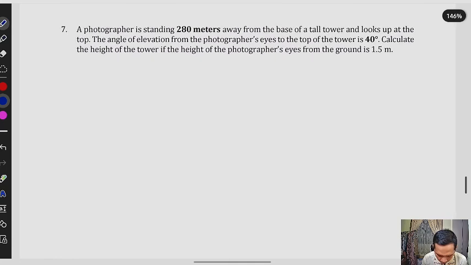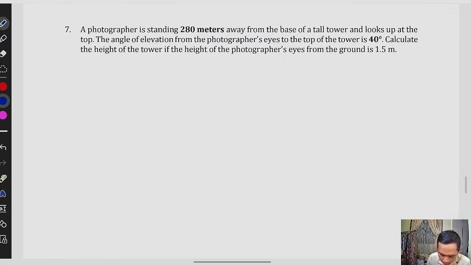Okay, number 7. A photographer is standing 280 meters away from the base of a tall tower and looks up at the top. So let's make the tall tower first.